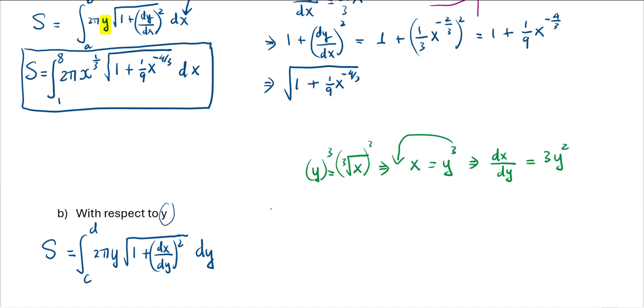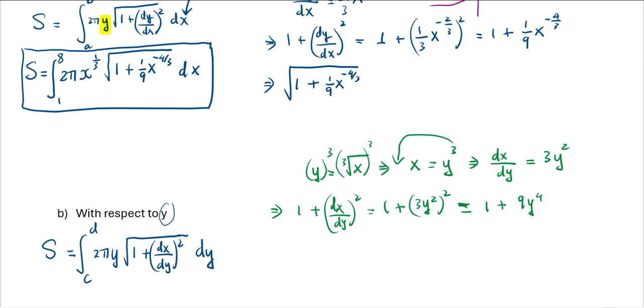And then I can find 1 plus dx over dy squared, that will be 1 plus 3y squared, and then everything squared. And this will be 1 plus 9y to the 4th power.